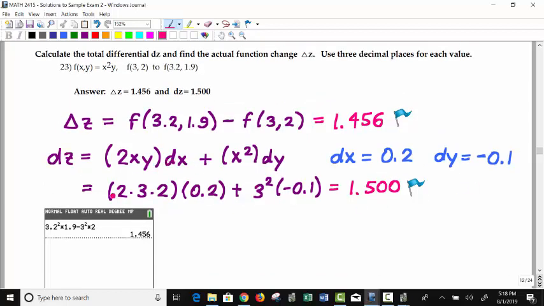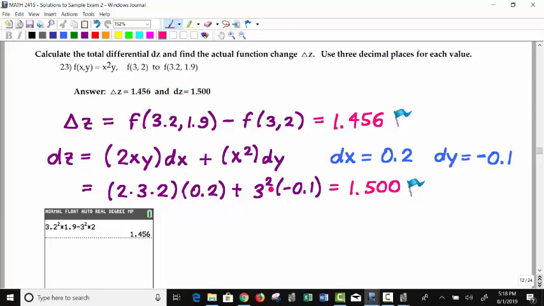So we have 2 times x, and when you're plugging x and y into the differential, you always use the starting point. So 2 times x is 3, times y is 2, dx is 0.2.